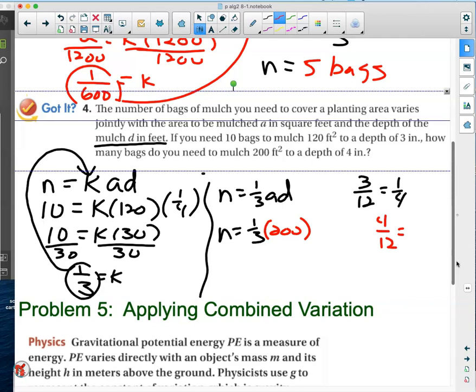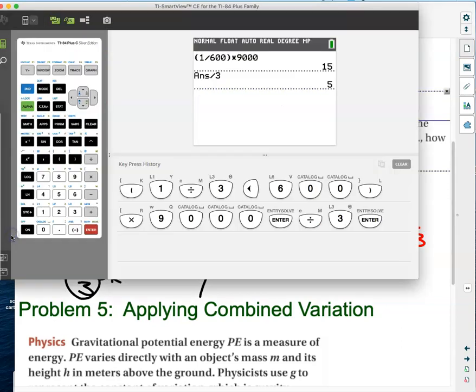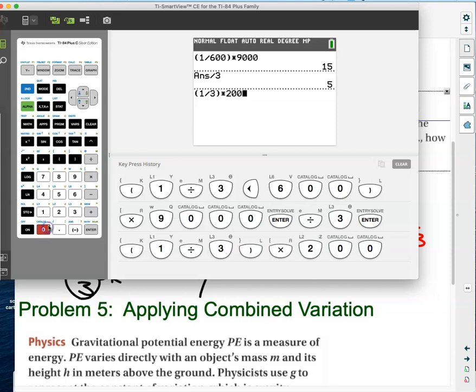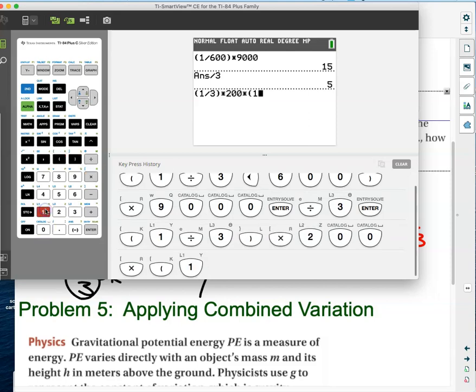What do we use instead for feet? 1/3. All right, so we need 1/3 times 200 times 1/3. 22.22222222 bags.